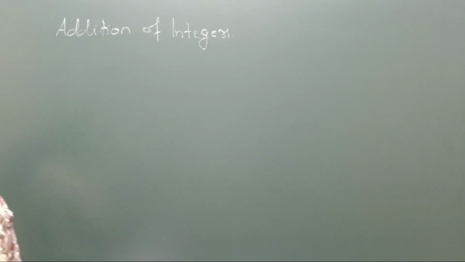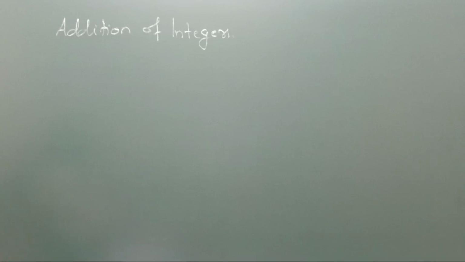We have learnt the integers to add on number line. Now without number line, how to add? That is what we are going to see. Addition of integers. For this, there is a rule. That is, if the integer signs are the same, if it is two negative integers, then both the integers will add and give the common sign.